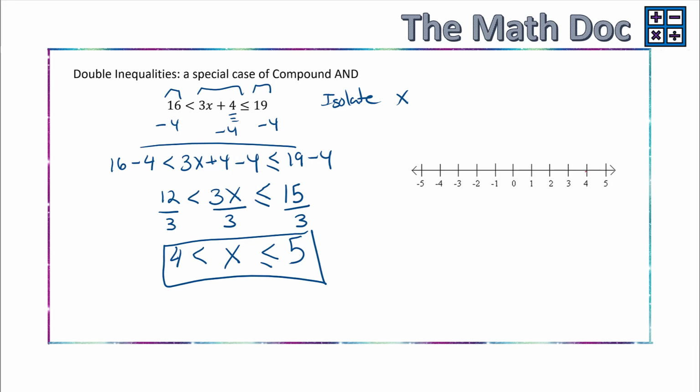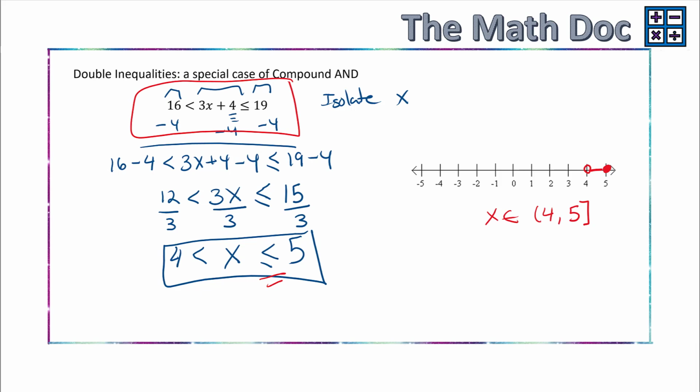We have a 4. We have 5. 5 here is a filled circle because we have our less or equal to, and it's this interval between 4 and 5, including the boundary at 5. So these are the x's that satisfy our inequality here, our double inequality.